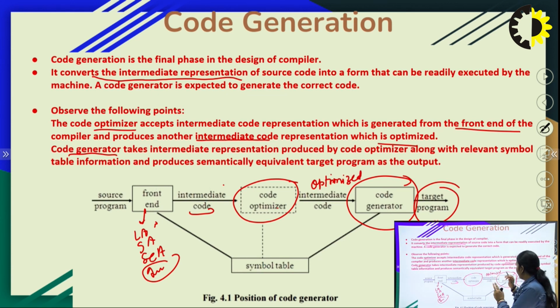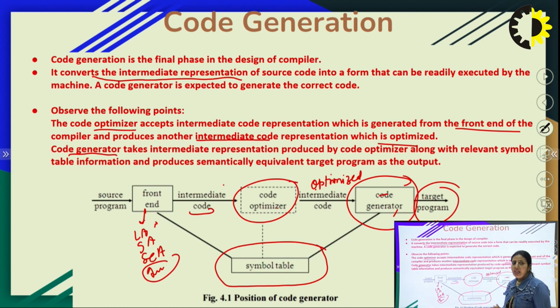The optimized intermediate code is the input for the code generator along with the relevant symbol table information. So the input for the code generator is the optimized intermediate code plus the information present in the symbol table.